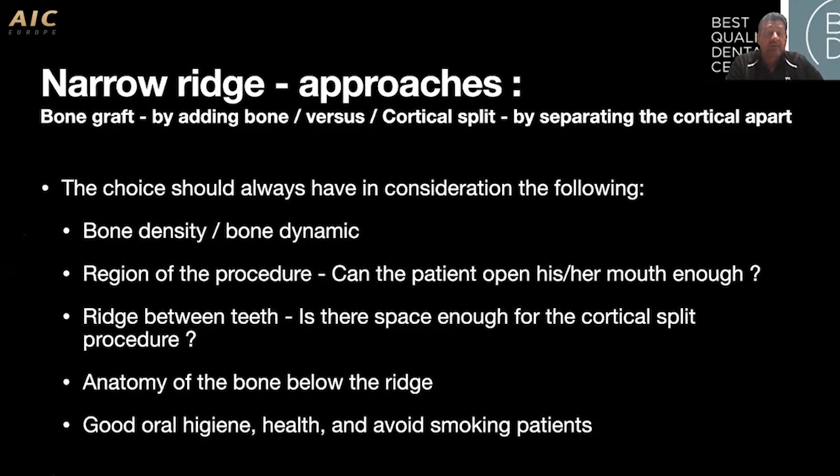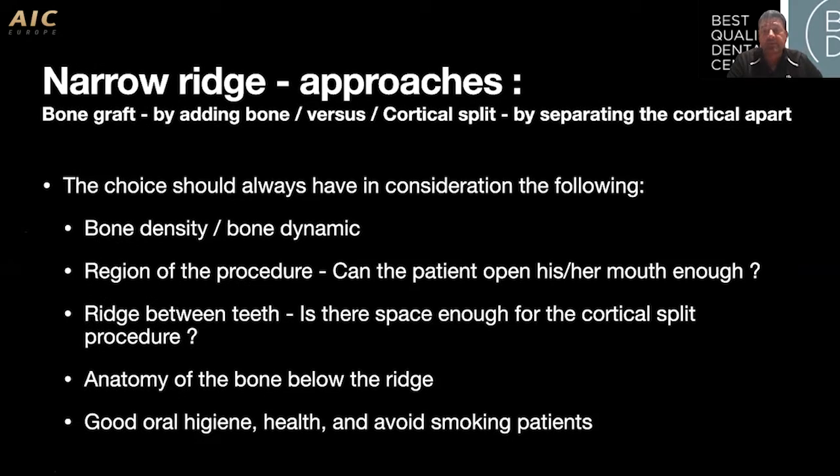So basically, we have two approaches when we have a narrow ridge: split by separating the bone. The choice should always take into consideration the bone density and the bone dynamic, the region of the procedure, because can the patient open his mouth enough is always one thing that we have to consider.